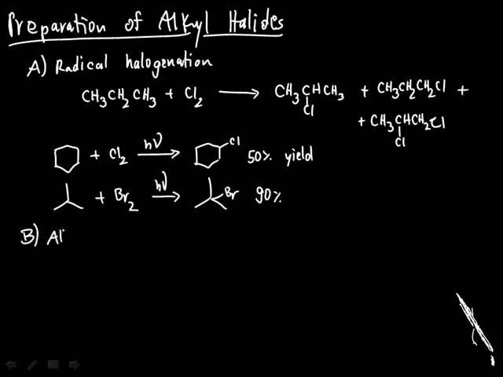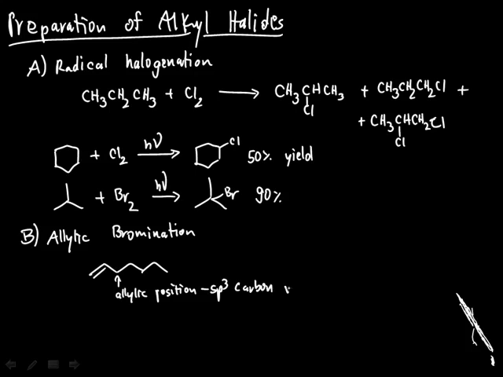A method that is related mechanistically is the allylic bromination, which is much more frequently used. Allylic bromination is related to the so-called allylic position, which is an sp3 carbon right next to the double bond.